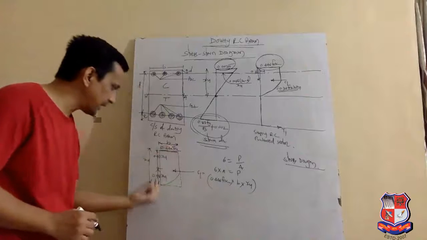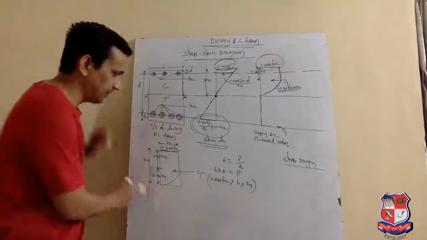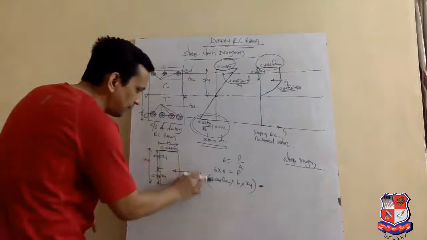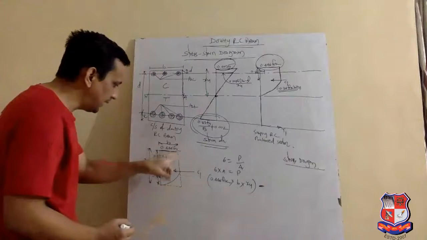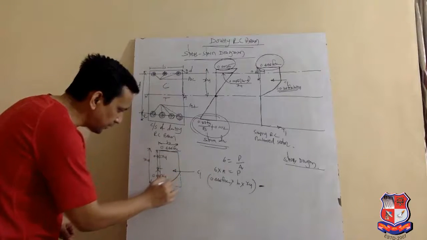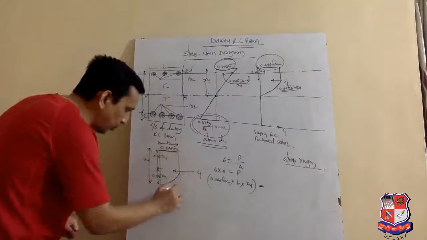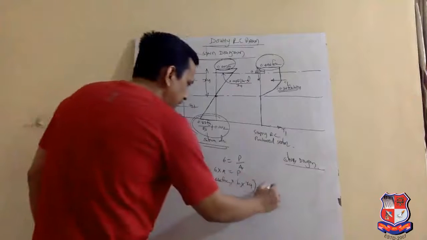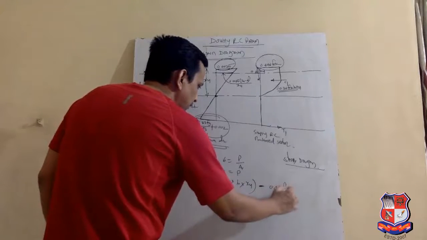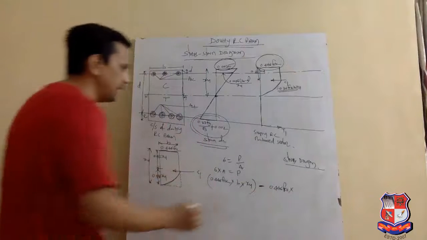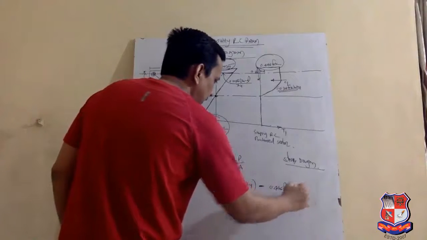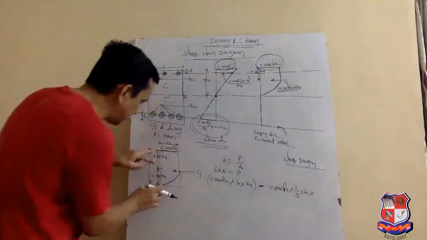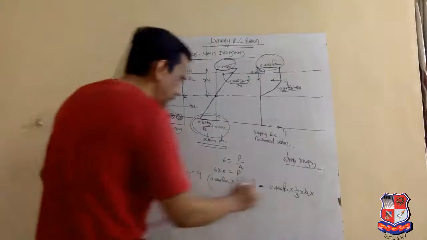Now the area of the rectangle is b into xu. For getting the value of C1, we have to deduct this portion, which looks like a parabola. So from this whole rectangle, we need to deduct this parabola. Minus stress, 0.446 fck, into area. The area is 1/3 into b into h, where the height is what? The parabola height is 0.58 xu.